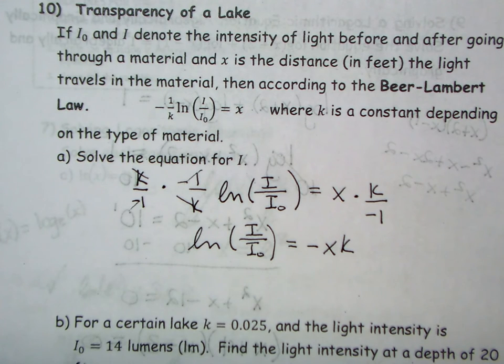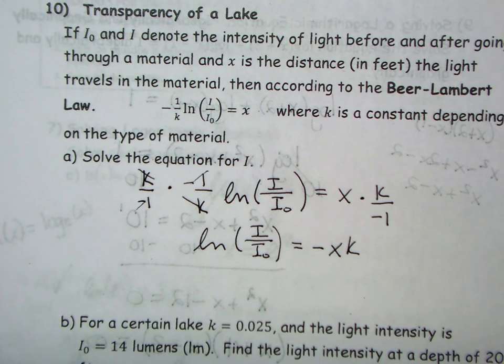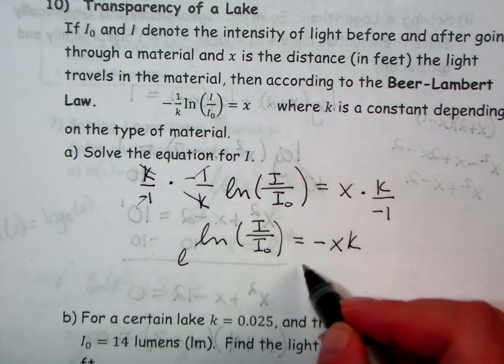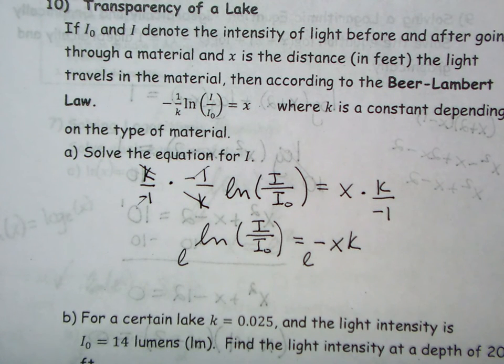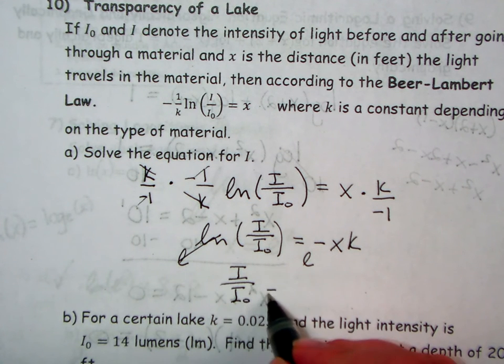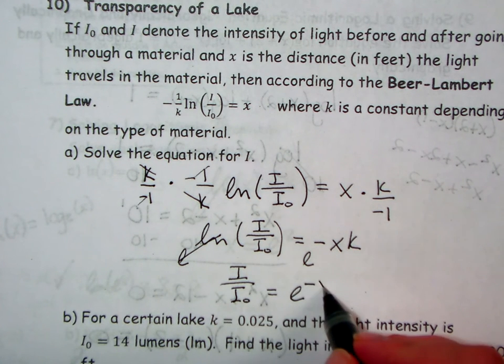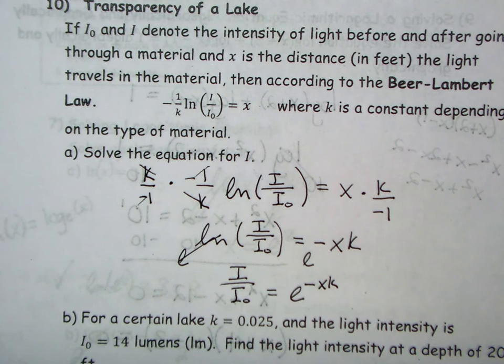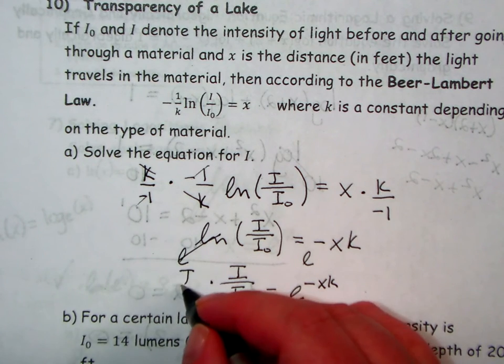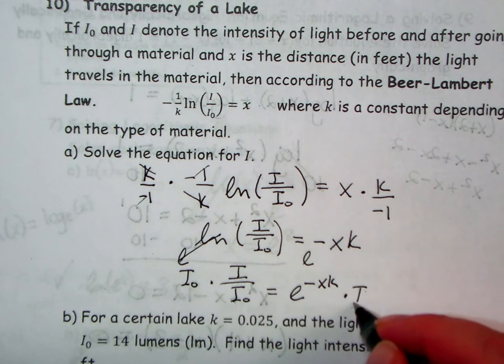Now, to solve for I, I want to cancel ln. In order to cancel ln, we raise both sides by e, because e cancels ln, and I get I divided by I sub 0 equals e to the negative xk. Since we're solving for I, I multiply both sides by I sub 0.